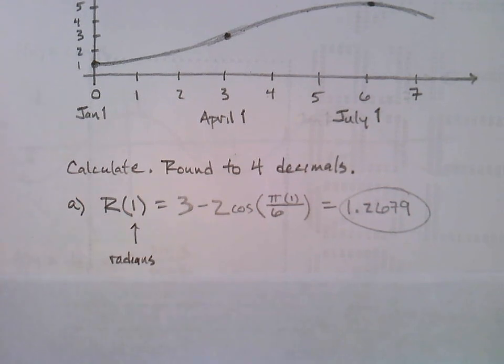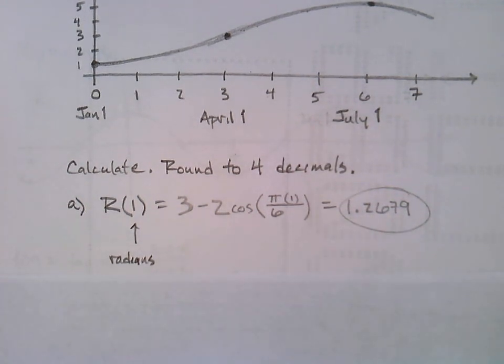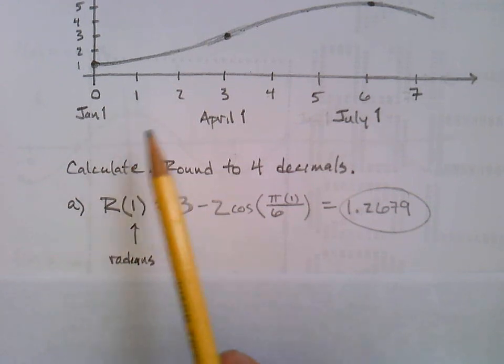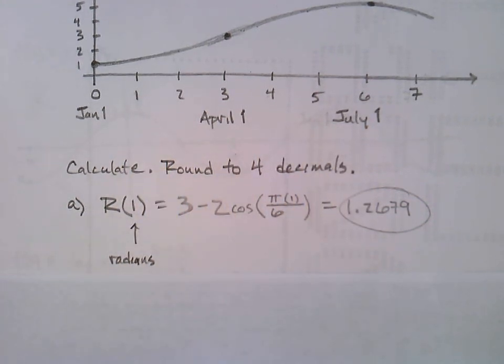And that's all we're looking for. $1.2679 million, if you were to interpret that. And maybe another good question is, at what calendar date is R of 1? Well, 1 would be February 1st, right? So their sales are going up a little bit in February.